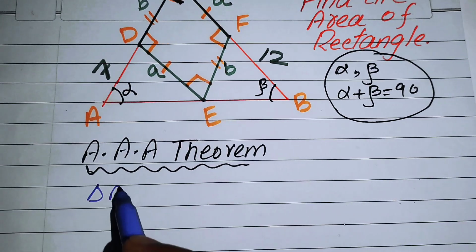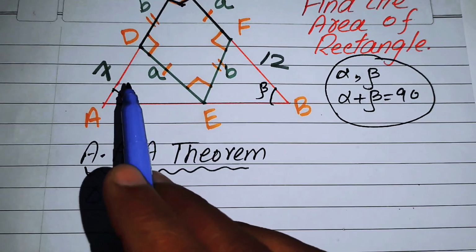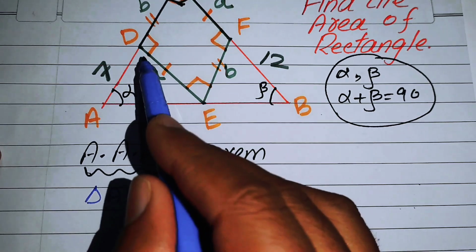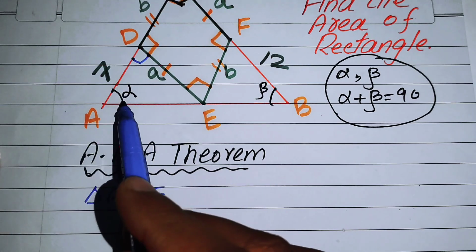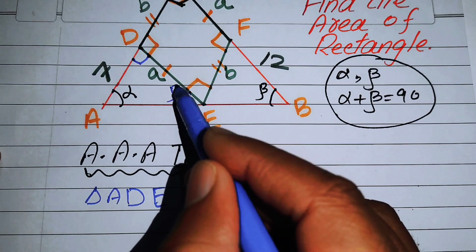In triangle ADE this angle is 90, this angle is alpha, and we denote this angle by beta.